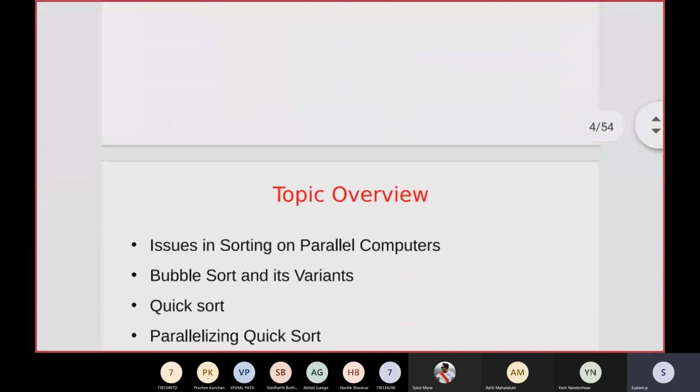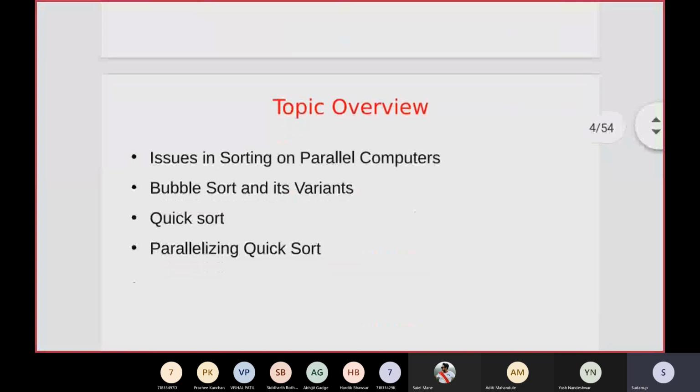The topic overview is the same: issues in sorting on parallel computers, bubble sort and its variants, quick sort and parallelizing the quick sort algorithm. This is the major content from the sorting topic. For searching, we will see another slide.